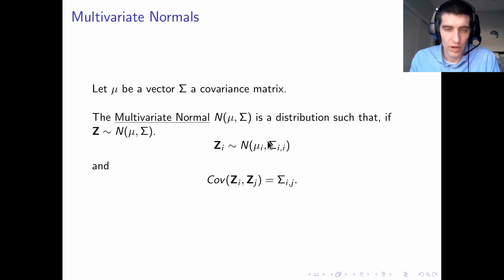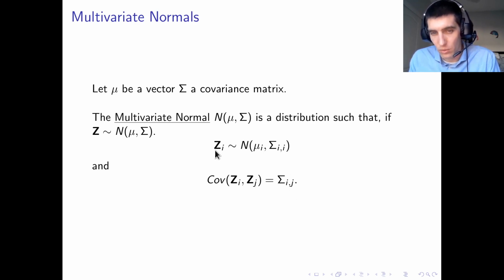So the variance is given by the ith element along the diagonal of the covariance matrix. And not only that, but the covariance between Zi and Zj is given by the off diagonals.